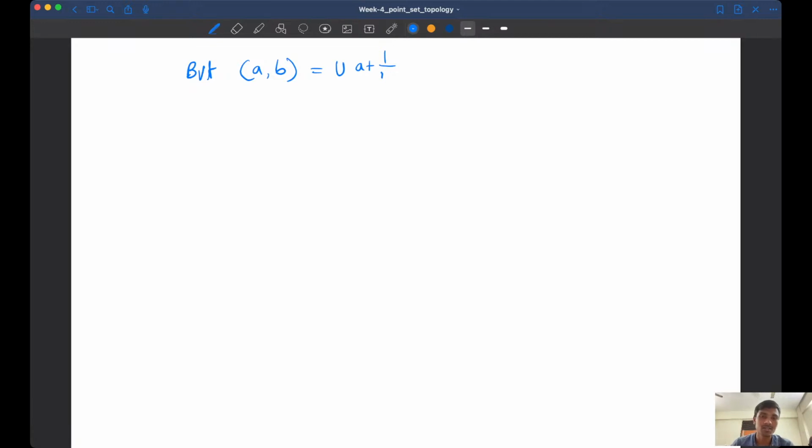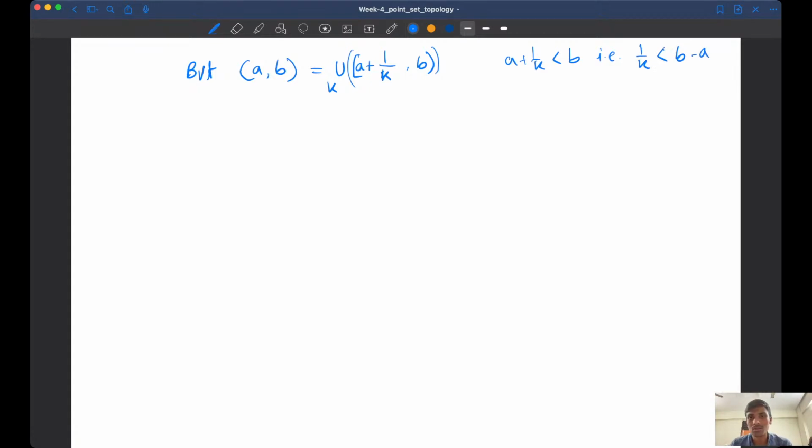So let's take this as k, and this is closed, so a union of these sets, but k cannot be arbitrary, so I have to guarantee that this still forms an interval. So a + 1/k should be less than b. That means I have to get this k such that 1/k is always less than b minus a. But this again exists by the Archimedean property.